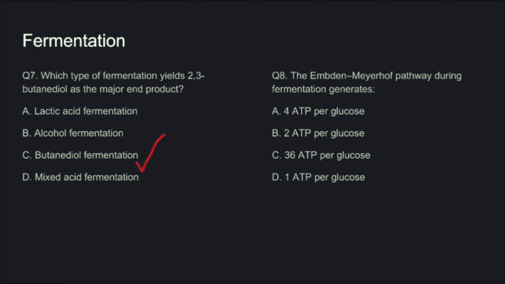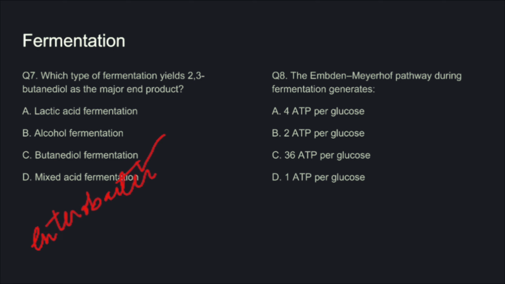So here which microbe is involved? Enterobacter species. They produce the 2,3 butanediol to neutralize acid accumulation.